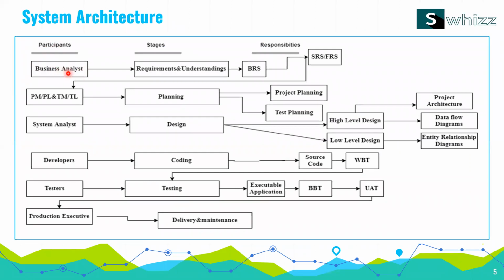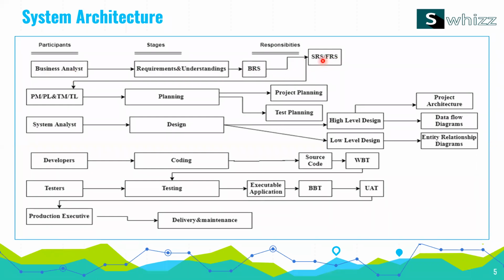The business analyst will directly discuss with the client and take the requirements: what exactly the requirement is and what features the application should have. He will understand the requirements and then prepare the business requirement specification. From that, he will prepare the functional requirement specification document, describing how the application should be functionality-wise.